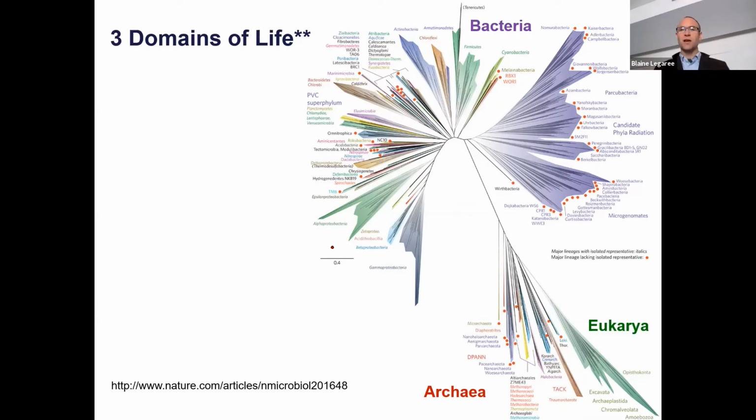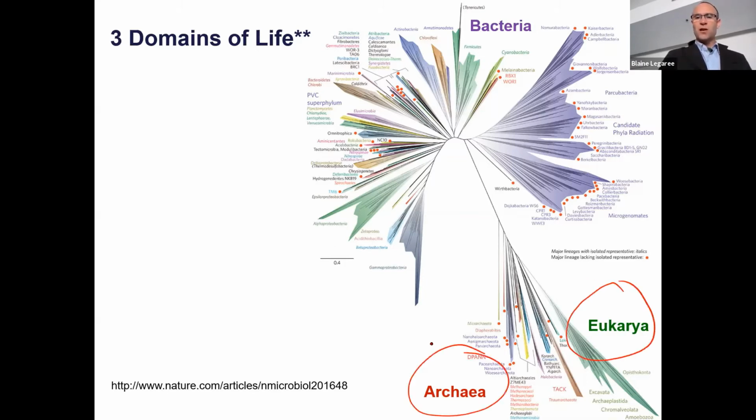We like to classify things and whatnot. I want to show you this diagram because this person is saying that, according to their analysis, eukaryotes and archaea are actually much closer together in terms of relatedness than the bacteria. Anyway, interesting article. If you want to check it out, the link is there. You can look it up.